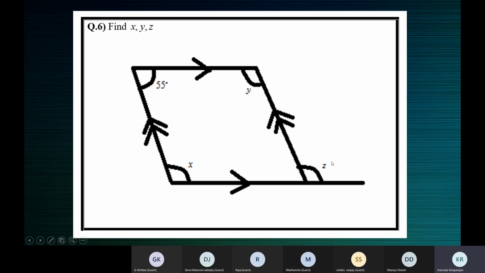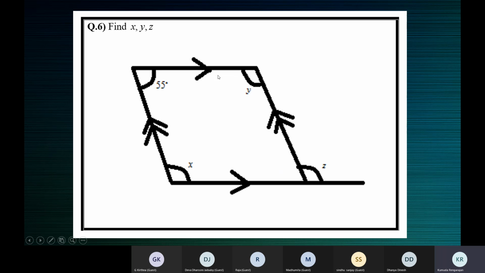The opposite angle here is also going to be 55. Opposite angles are equal in a parallelogram. Now, 55 plus Z is 180, linear pair. So Z is equal to 180 minus 55, 125.